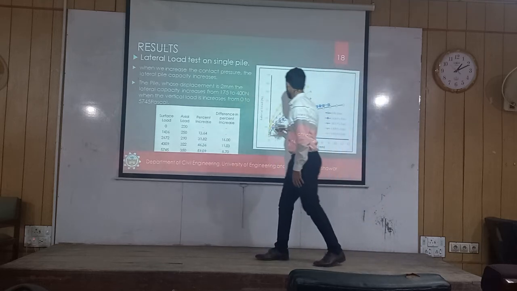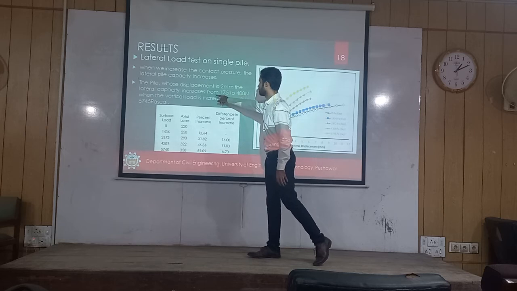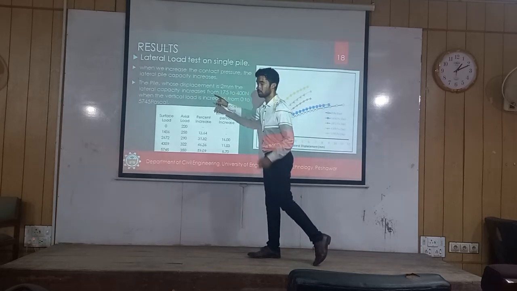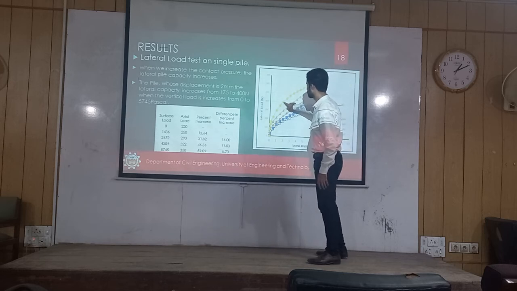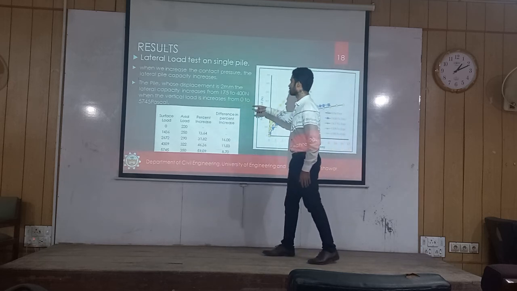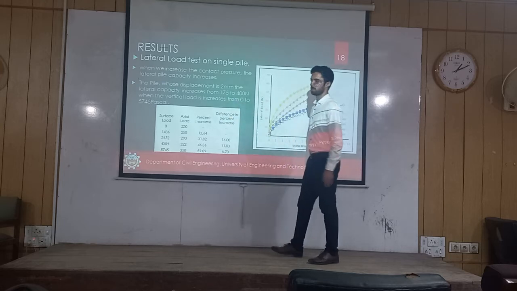We take about 2 millimeter to measure all the data and check how much displacement is covered. At 2 millimeter lateral displacement, the lateral capacity of the pile increases from 175 to 400 Newton, when the vertical load is increasing from 0 to 5745 Pascal.